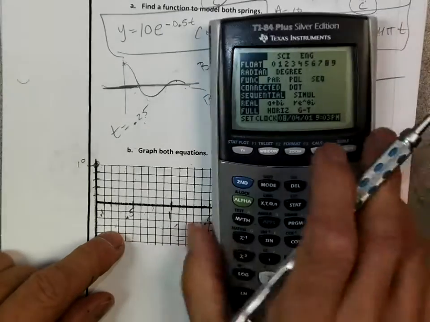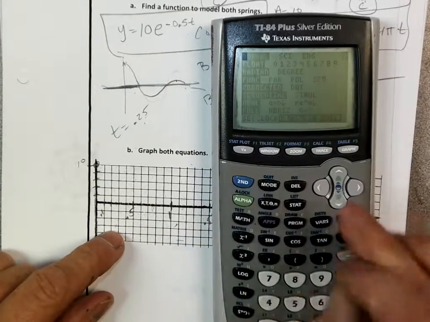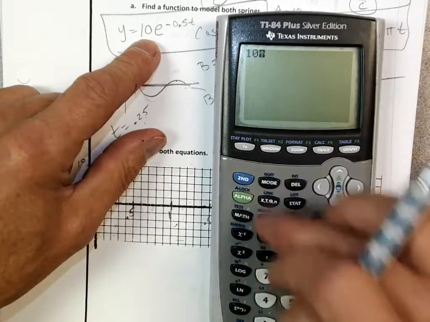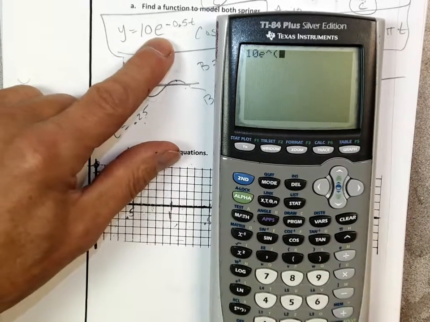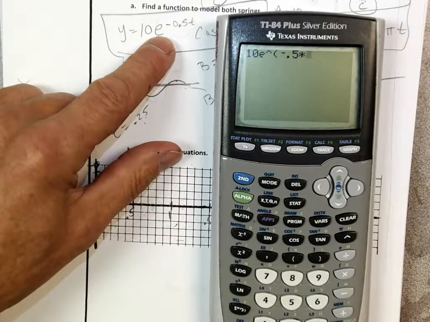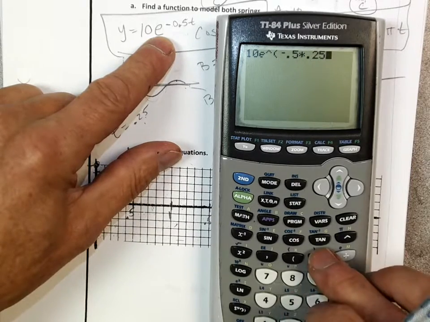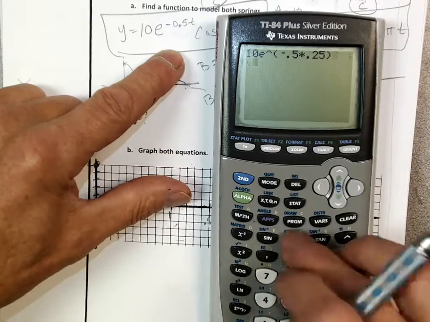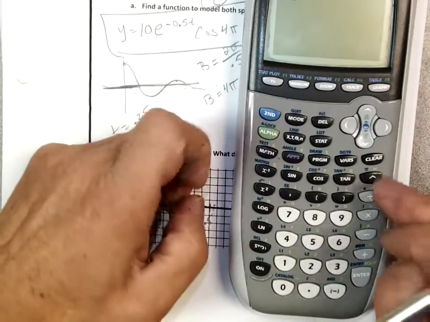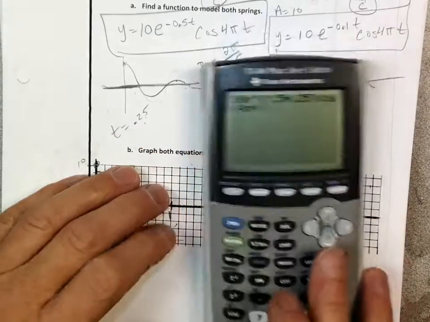So let's go, mode, quit, let's go 10 e to the negative 0.5 times 0.25, cosine of 4 pi times 0.25.